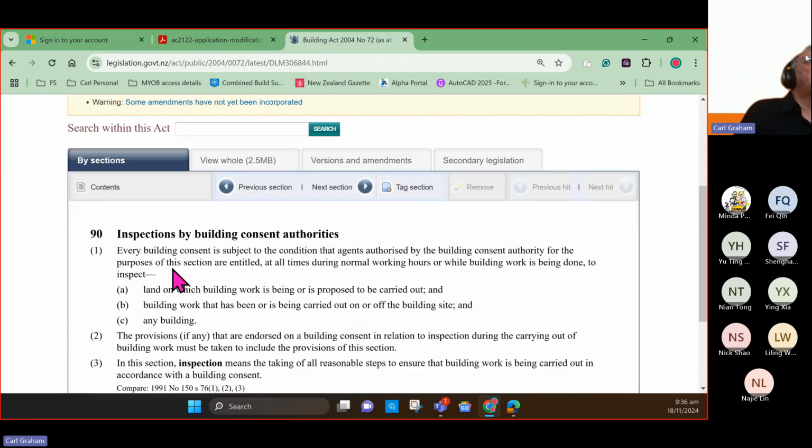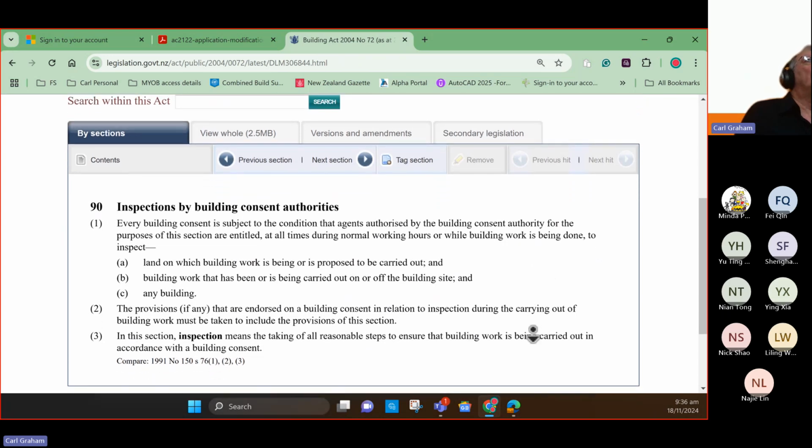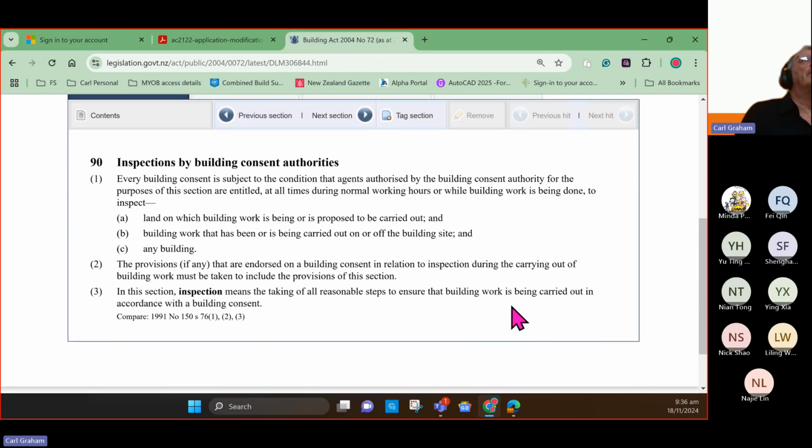Okay. So every building consent is subject to the condition that agents are authorized by the consent authority for the purposes of this section at all times during normal working hours while work is done. So it doesn't define anywhere here the timings, does it?